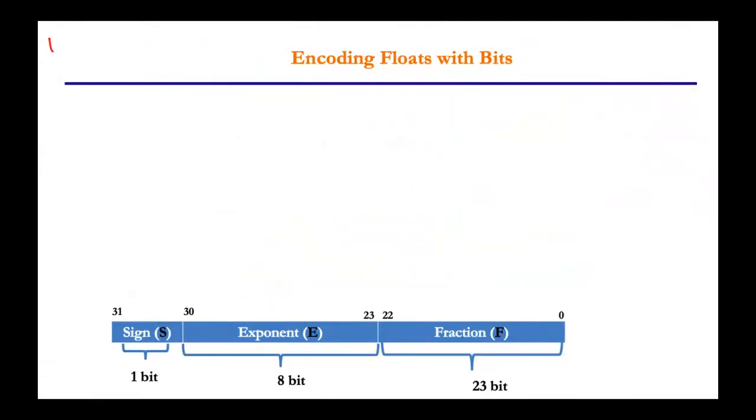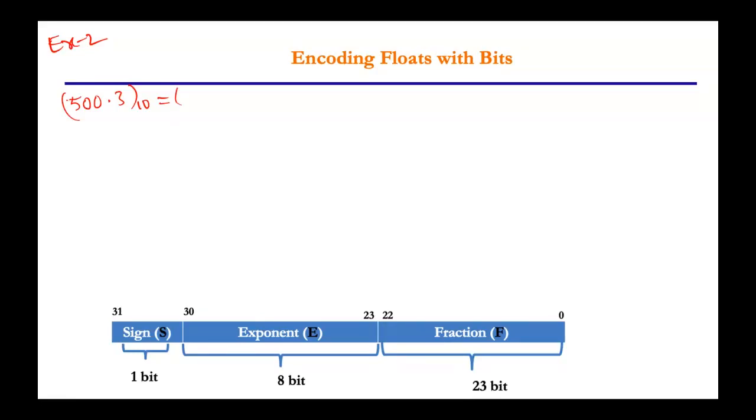In this example, example 2, consider the float value 500.3 in base 10. What we need to do first is convert this value into binary format.